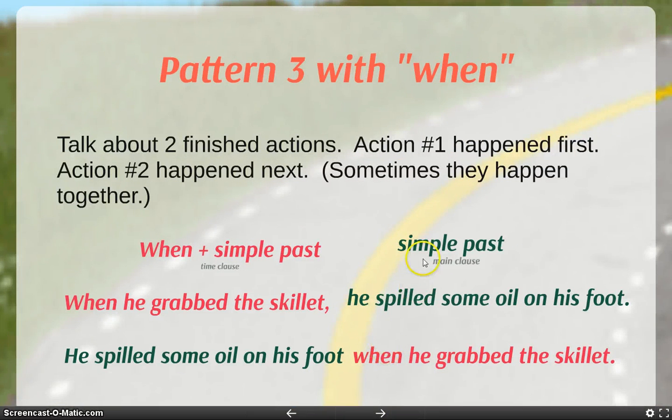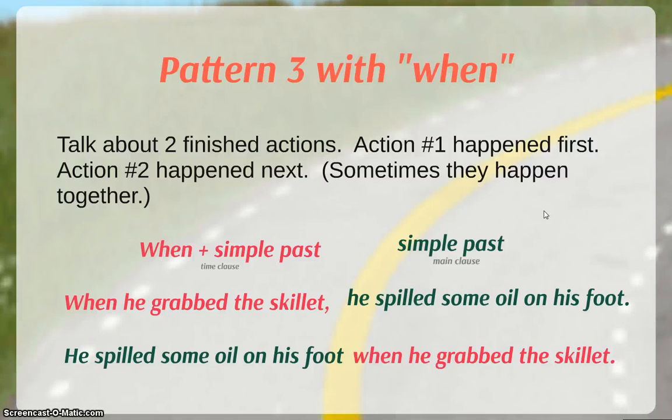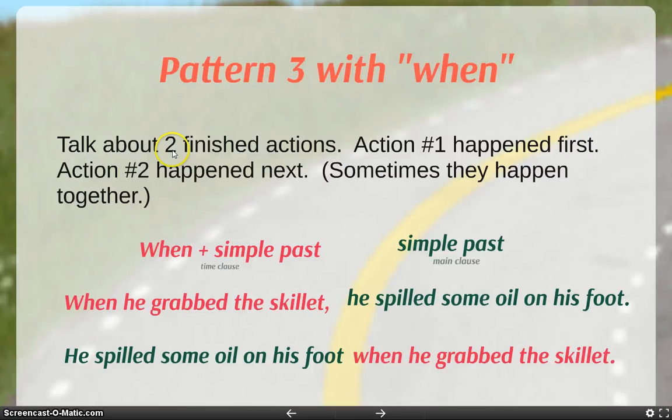This is actually a sentence pattern that you learned back in Unit 5 when you did time clauses with simple past. Talk about two finished actions. Action 1 happened first, action 2 happened next. And sometimes maybe they happen together at the same time. In this case, you have when and simple past, and the main clause is also simple past.